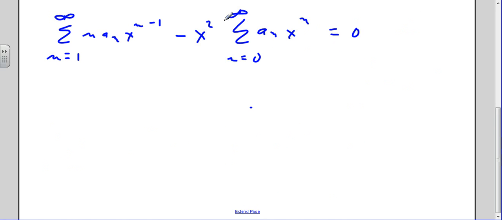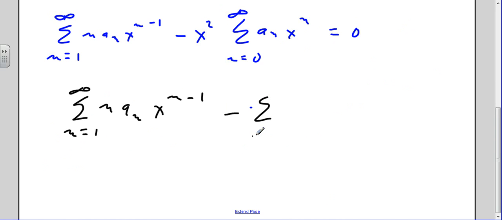Okay, the next thing I'm going to do is bring the x squared term into the summation sign. So I'm going to have summation n equals 1 to infinity n a n x to the n minus 1 minus summation n equals 0 to infinity a n x to the n plus 2 is equal to 0.